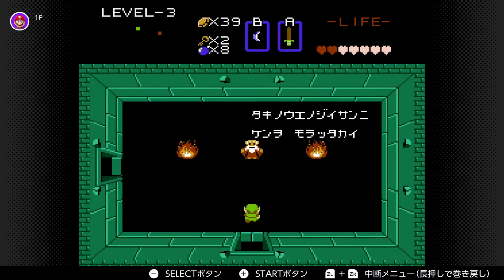So, and then we have moratta. From morau, should be unaccented. I check it to be sure, since it's also quite an important verb. It's the verb to receive. Morau, unaccented, yes, I remember correctly.